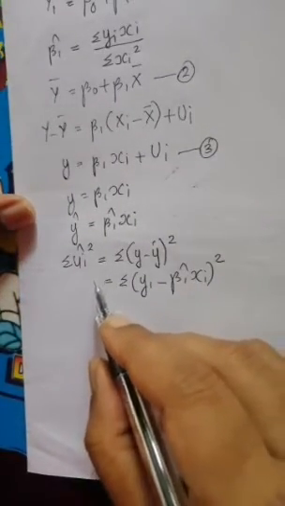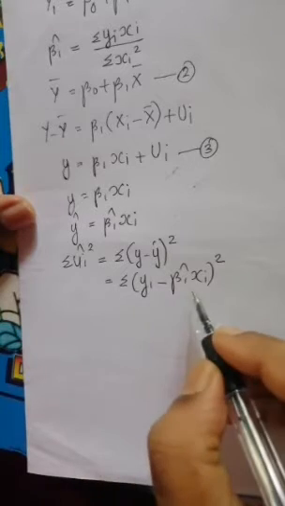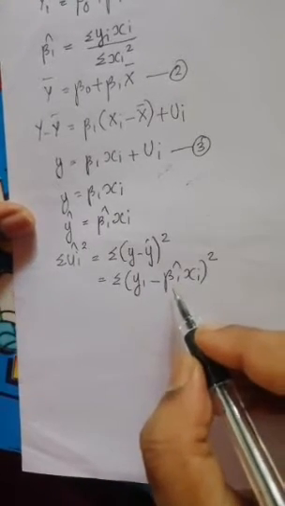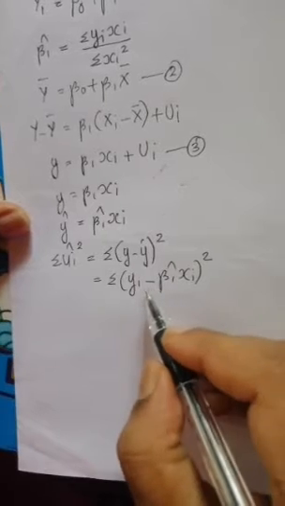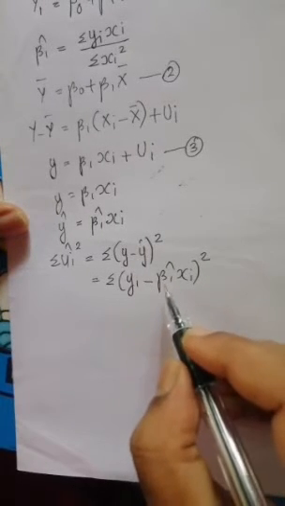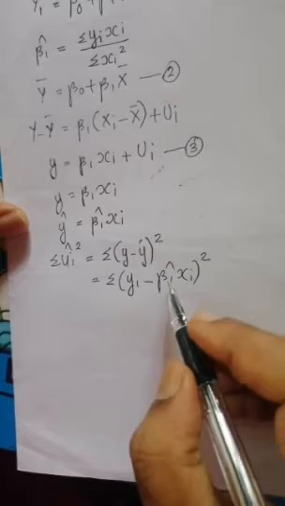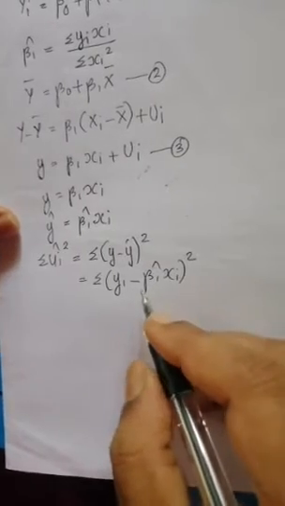We have to minimize this error sum of squares with respect to only a single coefficient, the slope coefficient, so we differentiate this function with respect to beta 1 hat and set it equal to 0.